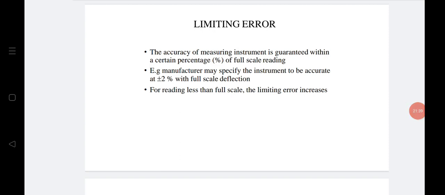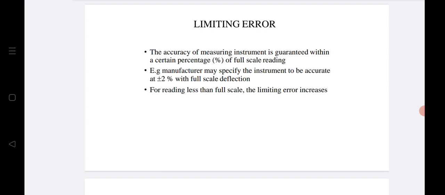What is limiting error? Let us come to limiting error. It is one of the important things in your instrument. The accuracy of a measuring instrument is guaranteed within a certain percentage of full scale reading. Whenever you design any instrument, in the manufacturing you will definitely get some error.